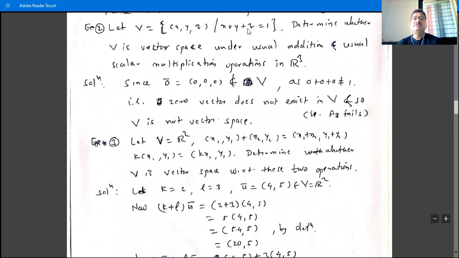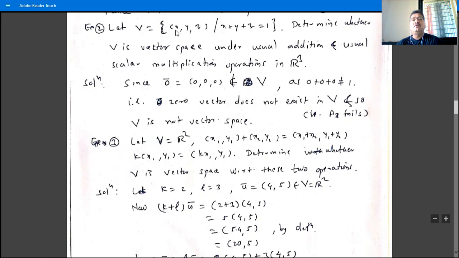(1, 0, 0) is an element of this set, because 1 plus 0 plus 0 is equal to 1. (1, -1, 1) is also an element of this set, because 1 minus 1 plus 1 is 1.